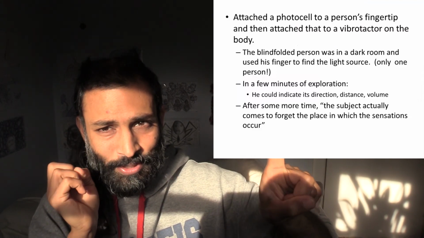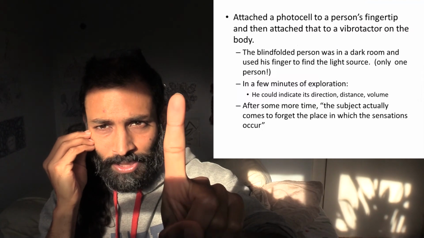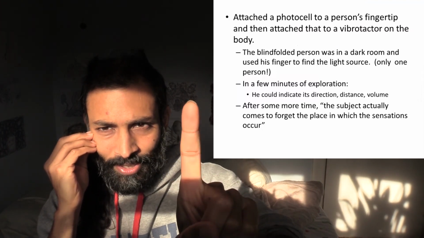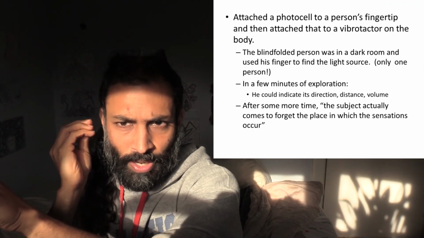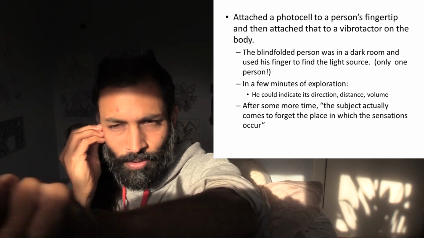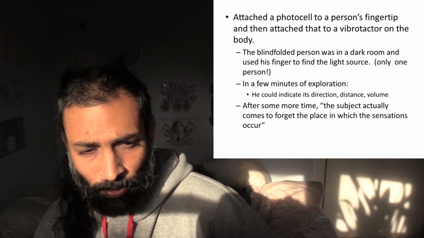So no vibration, no vibration, and as soon as you get light on that fingertip, vibration. And then again when you're away, no vibration. In this way, you could point your finger around, and the moment you felt vibrations, you would know that there's light coming from in front of you.